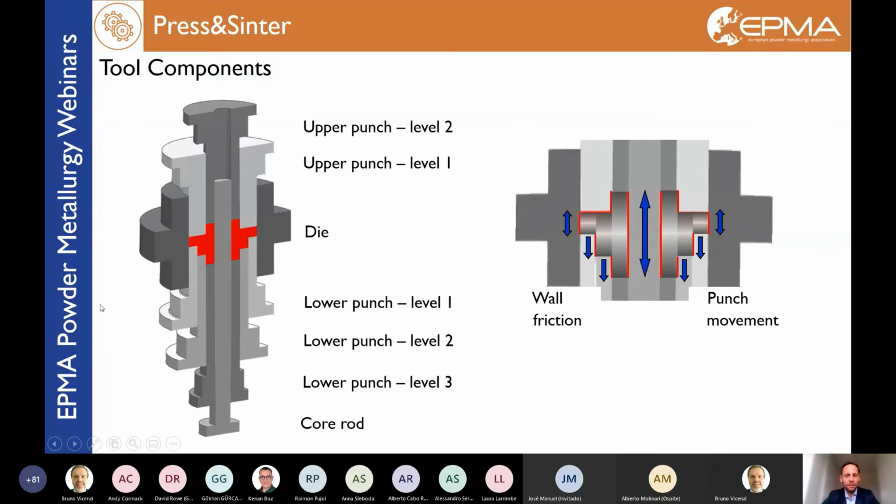This is a more complex tool, a multi-layer compaction tool consisting of 2 upper punches, a die, a core rod, and 3 lower punches. And here as well you can see that in each single level the zone with the lowest density is always toward the middle.